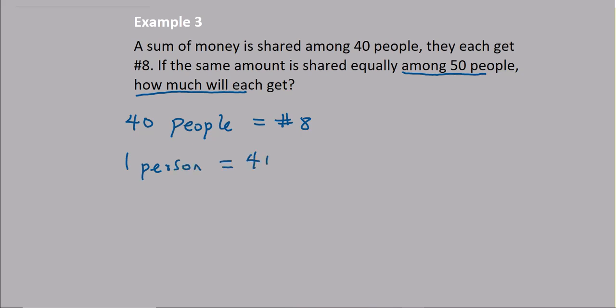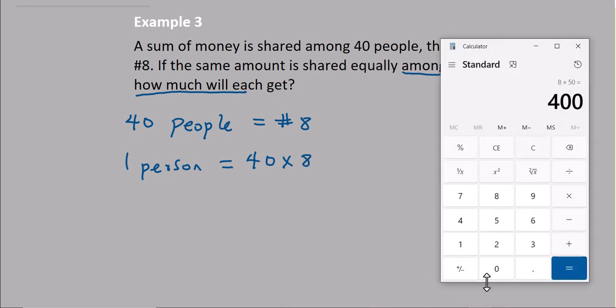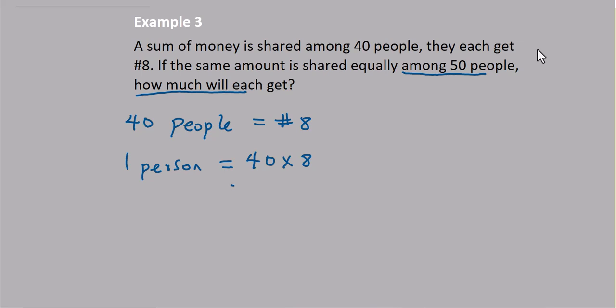So one person is equal to 40 multiplied by 8. I don't know if this is making sense. So let's do that together. 40 multiplied by 8, that is 320. So here we have 320 naira for one person. Then we are now asked if the same amount is shared equally, that is more like saying at the same rate, among 50 people, how much will each get?